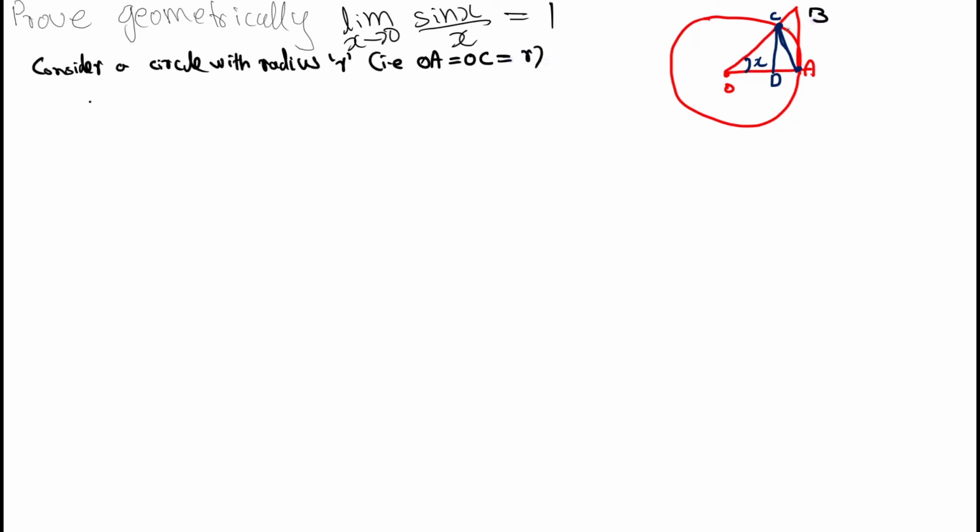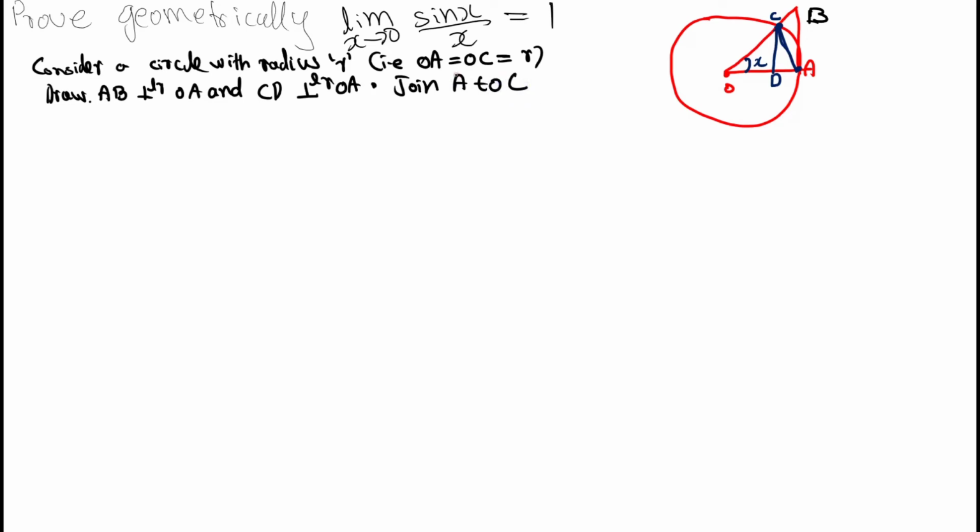Next step, write the constructions. Draw AB perpendicular to OA, and also another perpendicular CD, which is perpendicular to OA. Full stop. Next we join A to C.